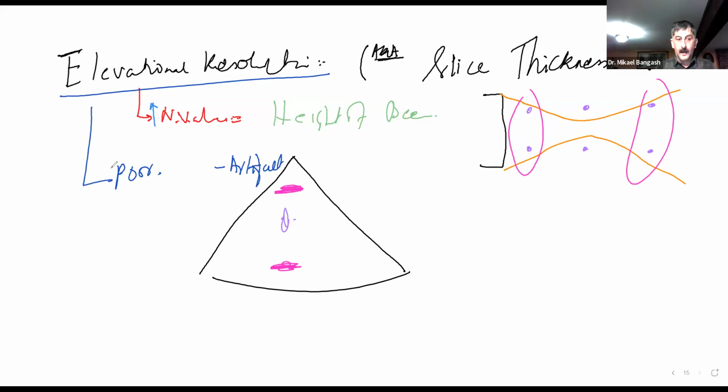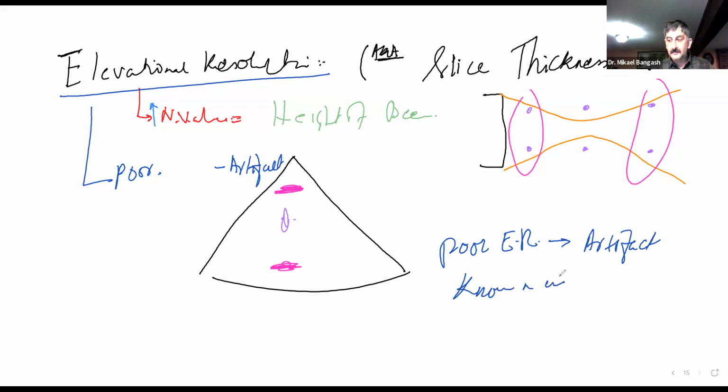The artifact that we get due to poor elevation resolution is known as section thickness artifact.